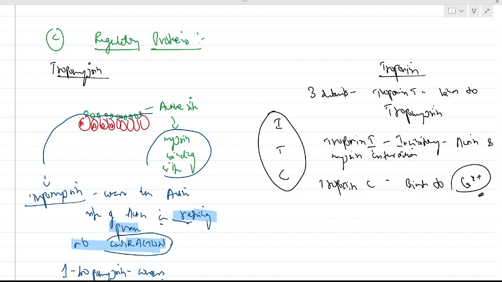Now the final type of protein we have, after regulatory proteins, is relaxation proteins. For contraction and regulation, we have relaxation proteins.